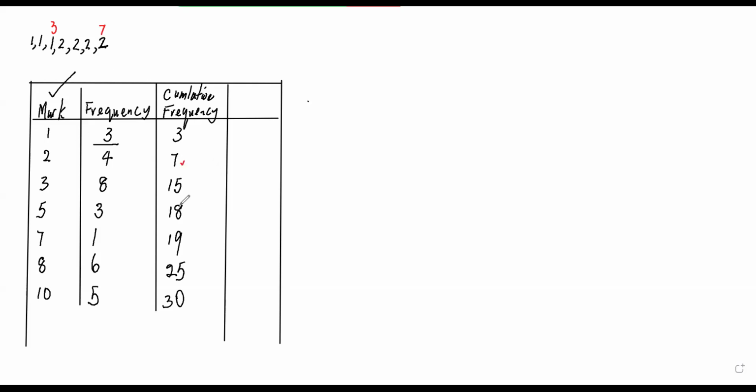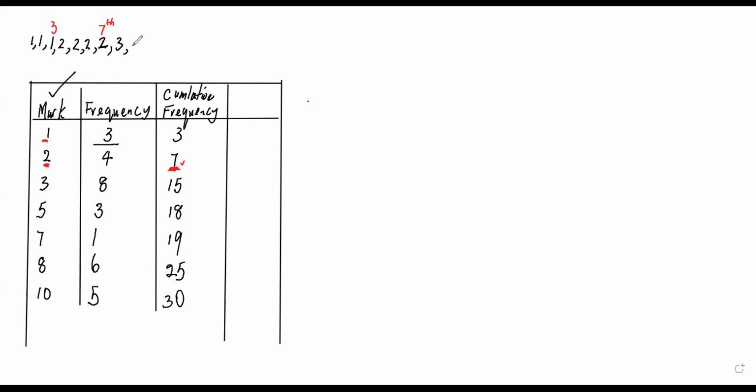So this is what the cumulative frequency tells me. It tells me that I have 7 numbers ending with 2. So the seventh number is a 2. The third number was a 1. Now the 15th number would be a what? 3.